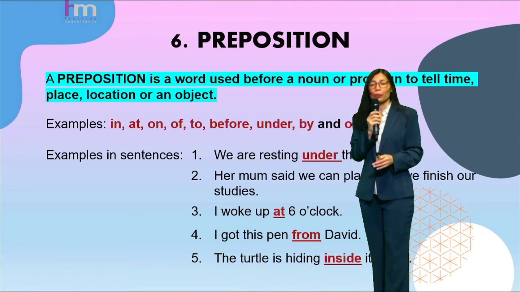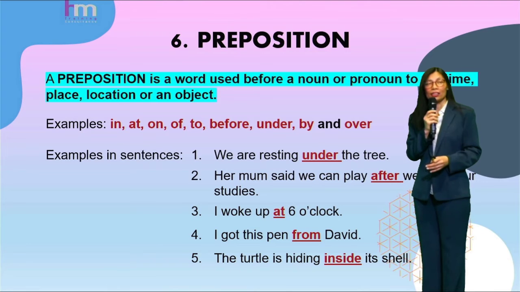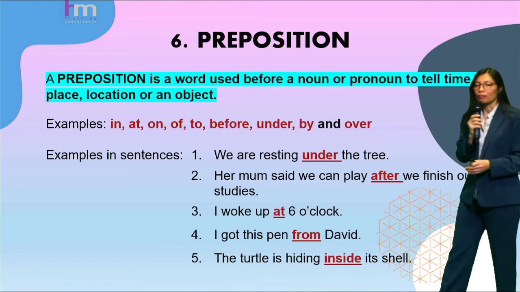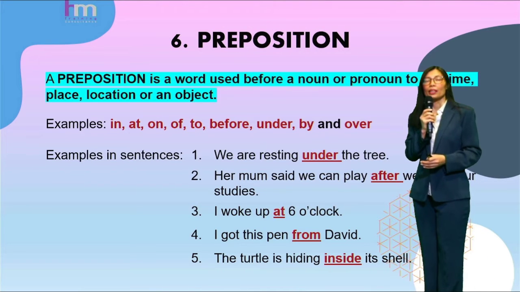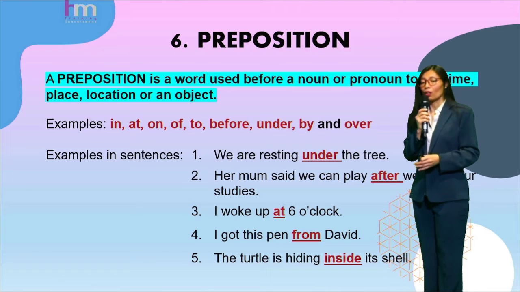Examples could be: we are resting under the tree. So under is a preposition. Her mom said we can play after we finish our studies. So after is a preposition. I woke up at 6 o'clock.